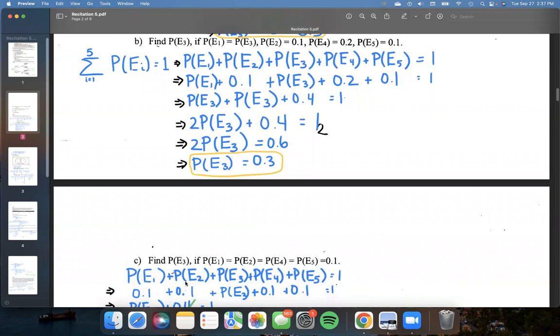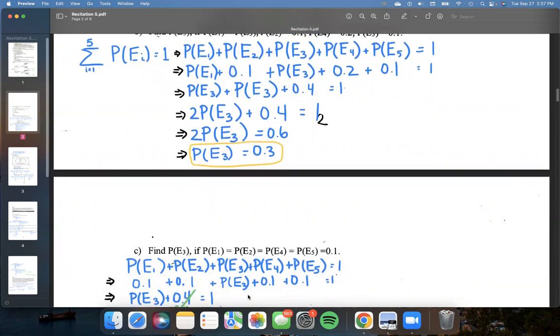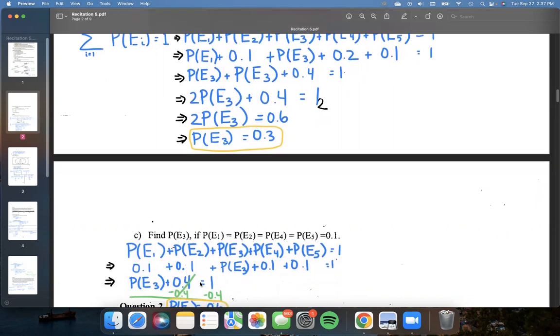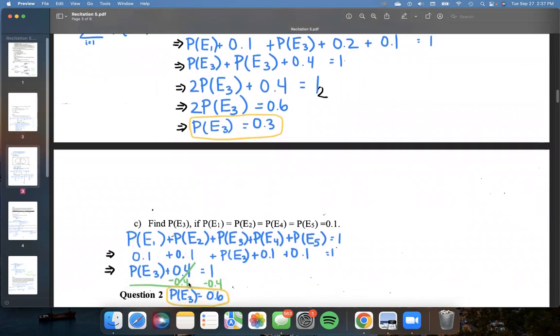So they're all 0.1 except the probability of E3, which we're trying to find. So we have the probability of E3 plus 0.4 equals 1. When we subtract 0.4 from each side, we're going to end up with 1 minus 0.4 is 0.6. So the probability of E3 is 0.6.